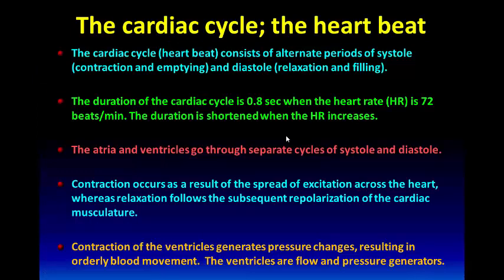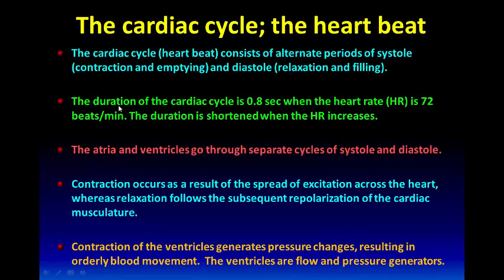The main topic of these two lectures is the cardiac cycle or the heartbeat. The cardiac cycle or the heartbeat consists of alternate periods of systole, where we have contraction and emptying, and diastole, where we have relaxation and filling.